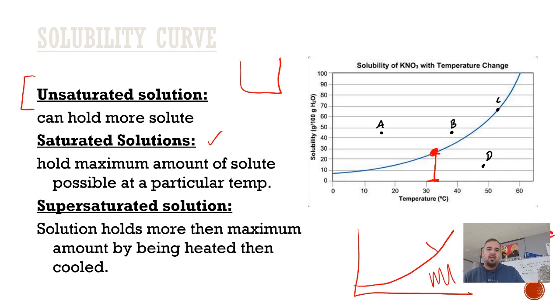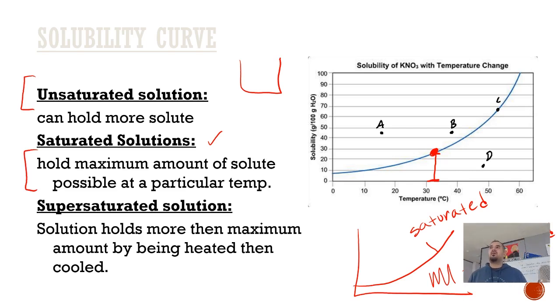When it's on the line, that's going to be saturated. So what does saturated mean? That means it's currently holding the maximum amount of solute possible for that particular temperature.